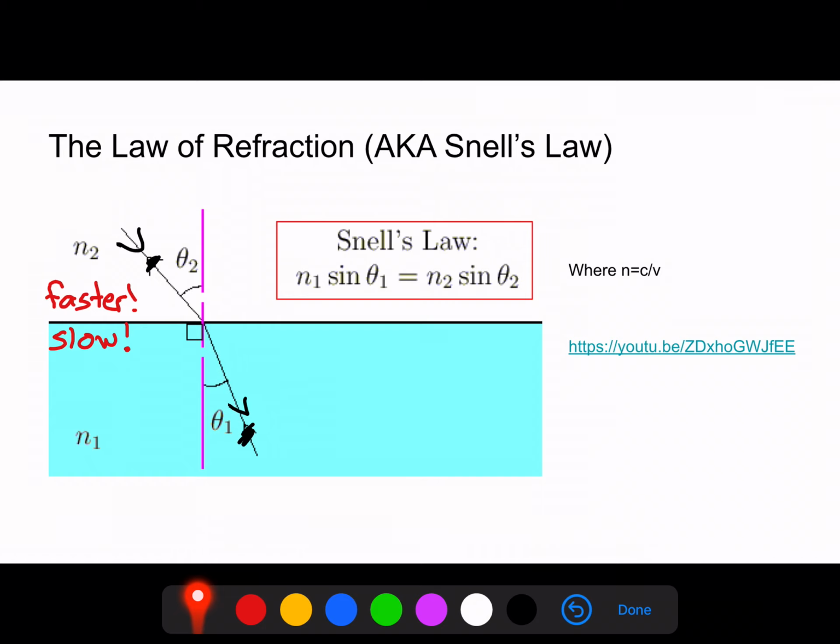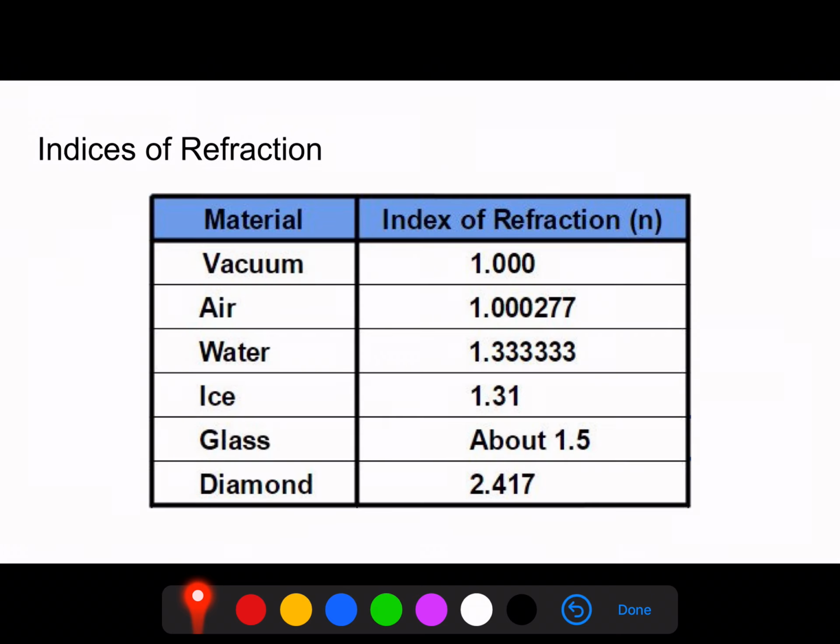Okay. Before I get to the example, I also wanted to show you some examples of different indices of refraction. So these are different n values, and you can find tables like these online and in your textbook. But as you can see, because the speed of light is very close to what it would be in a vacuum whenever light travels through air, the index of refraction is very, very close to 1 for air.